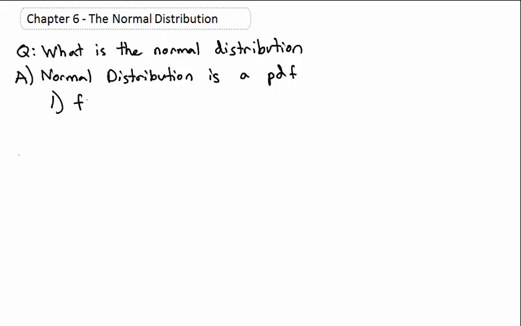And the formula for the uniform distribution, you remember we saw in our previous videos, was 1 over b minus a. The normal distribution is a little more involved. It's 1 over the standard deviation times the square root of 2 pi times e to the negative 1/2 times x minus mu divided by sigma squared.